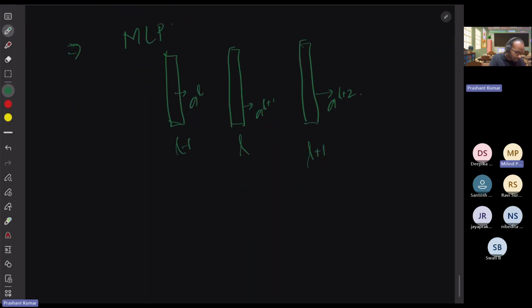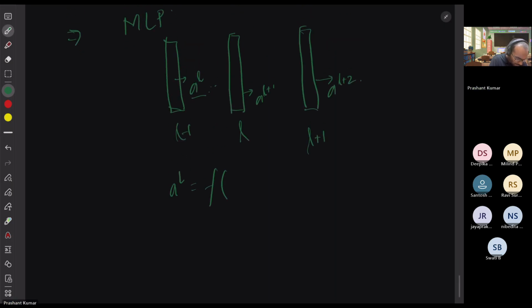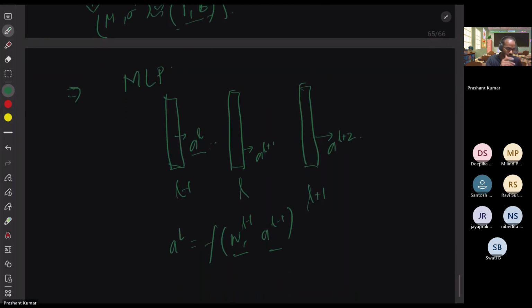When you are saying the output AL, actually AL is a function of W, so you can write WL minus 1 and AL minus 1, right? Correct? Yes.